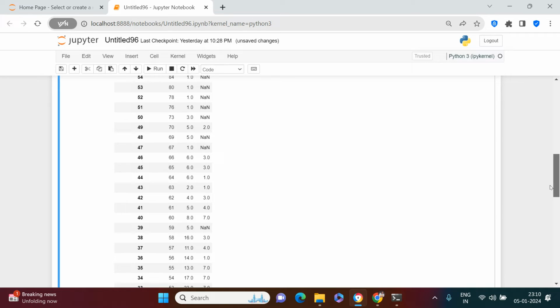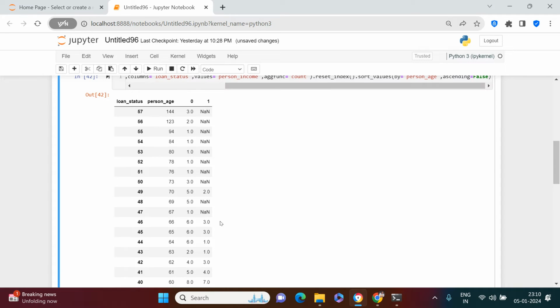So for persons greater than 70 years old, the number of those types of customers is very small, and the number of defaults is almost null.